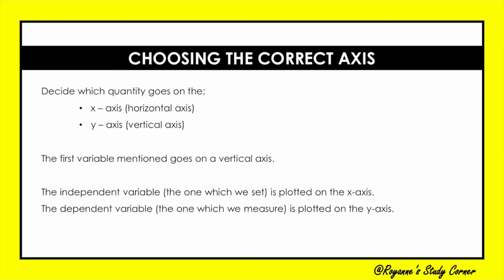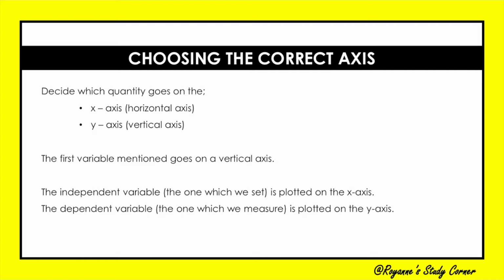Now in this case, temperature is the dependent variable and time is the independent variable. You'll see more of this when we get into planning and designing of labs, but your independent variable is the one that you set. It's kind of like the cause, and your dependent variable is the effect.